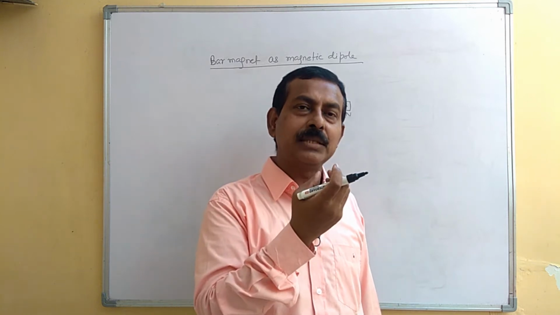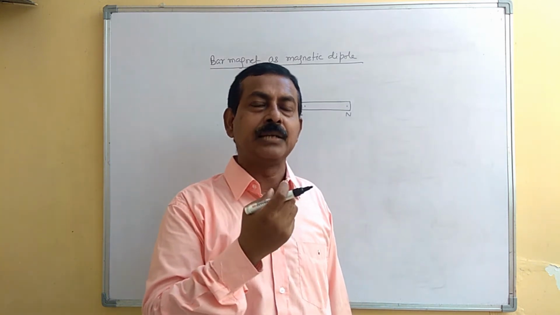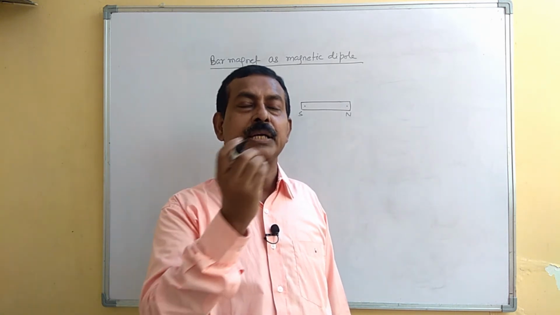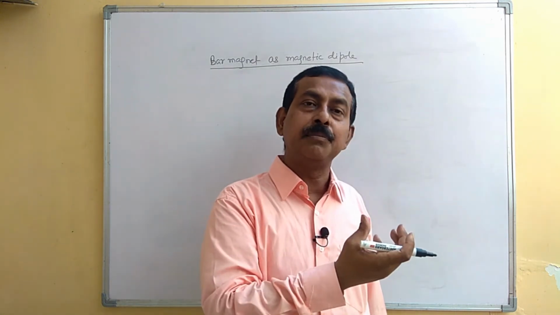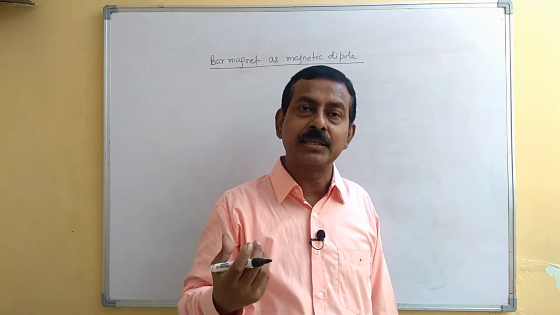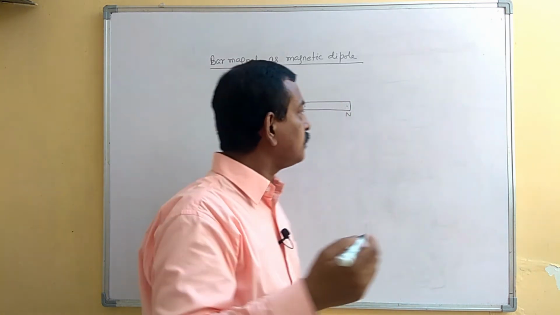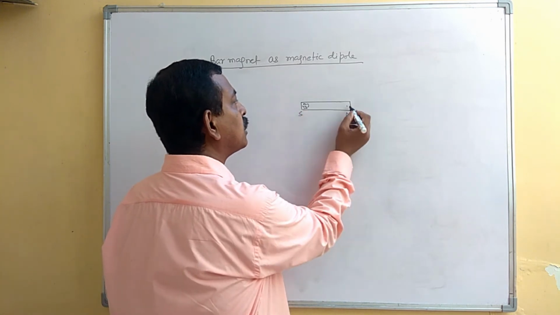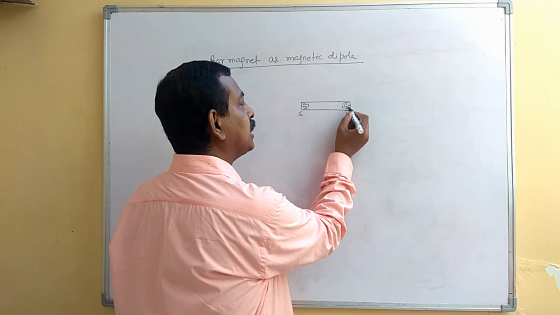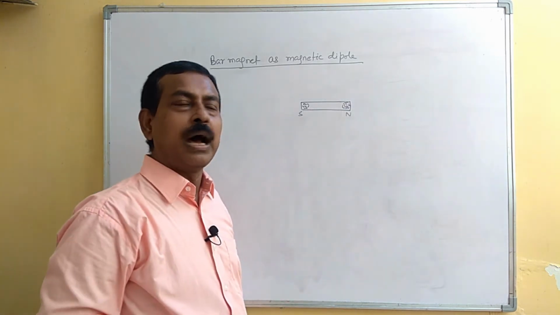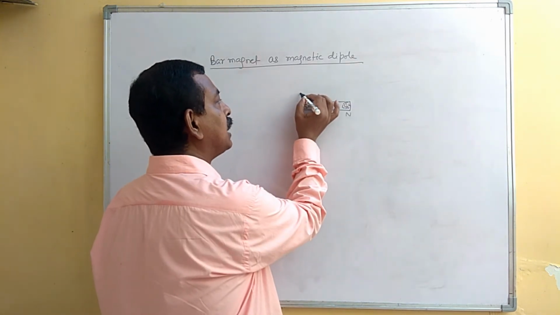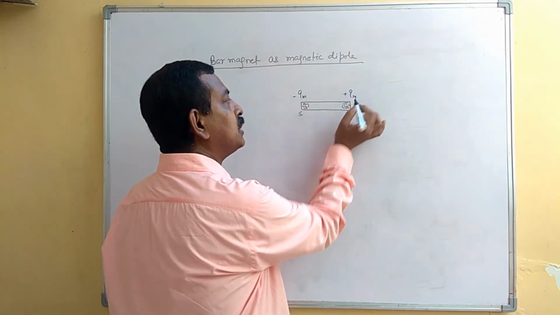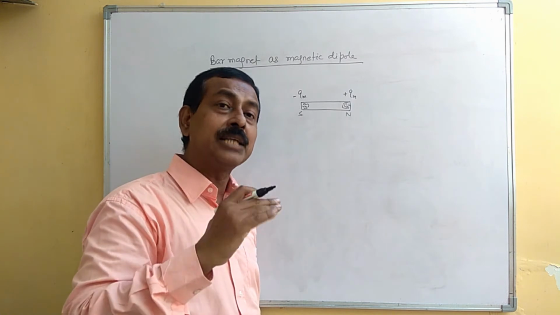So they called them negative magnetic charge and positive magnetic charge, and believed they are concentrated more near the poles. Earlier they used to represent them as minus qm and plus qm, just similar to electric charges.